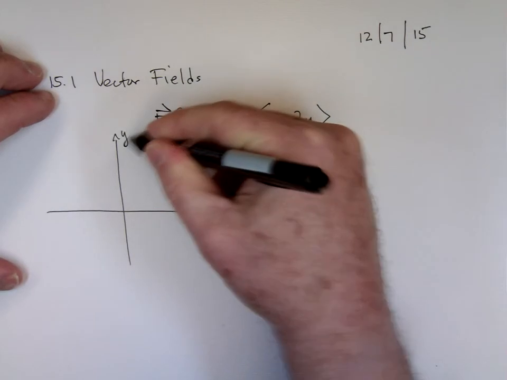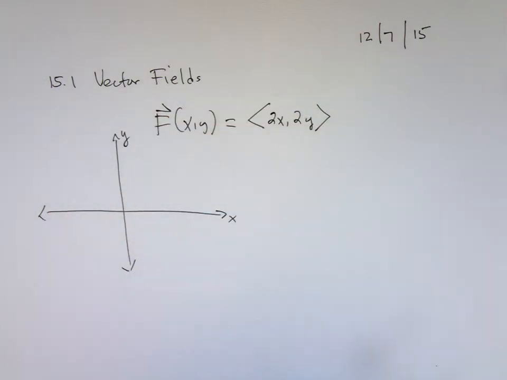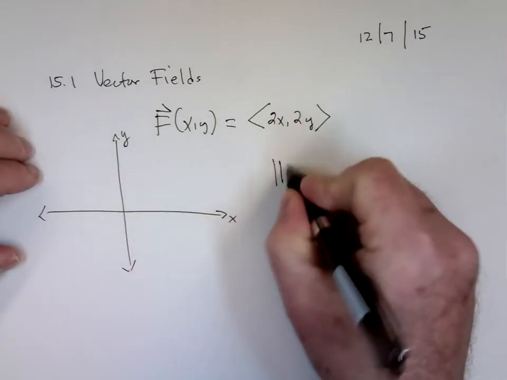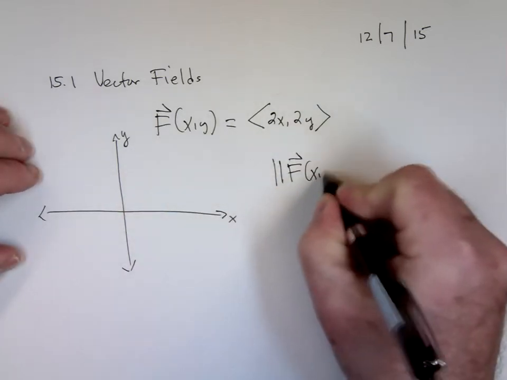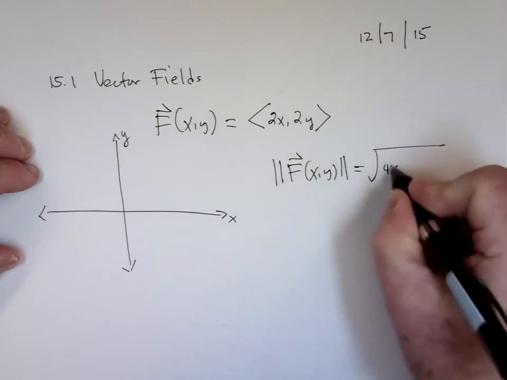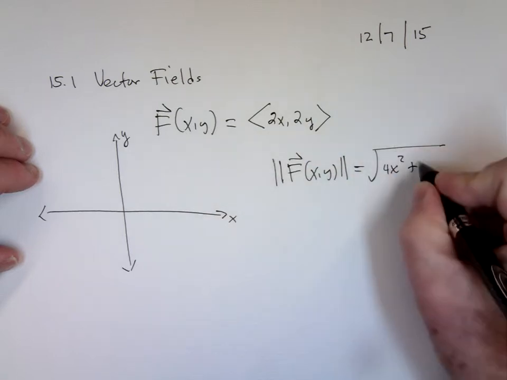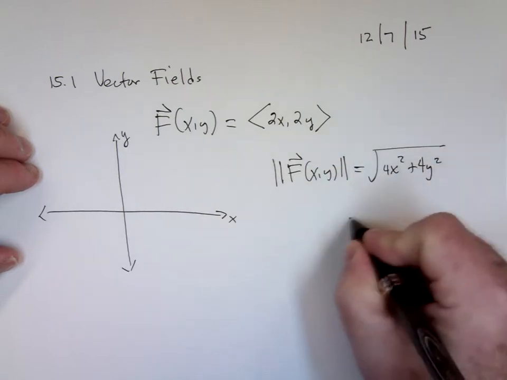Generally, the way to draw these vector fields is to take all the vectors that have the same magnitude and draw them together. For example, the magnitude of each vector in this field would be the square root of the x component squared plus the y component squared.